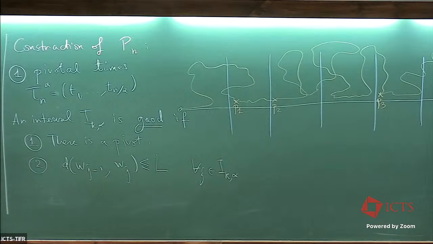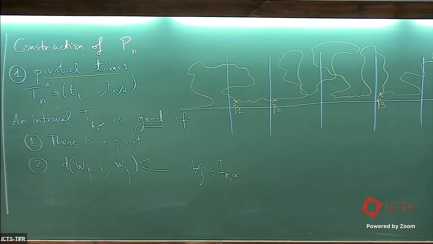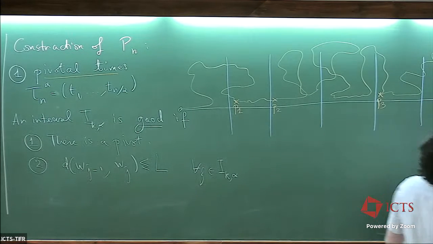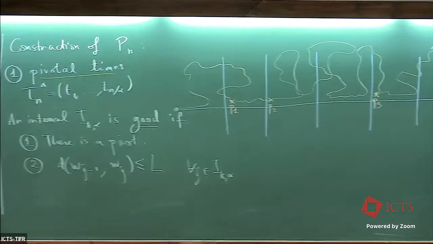Okay, so for pivotal times, we do this. And now the second information that we want to record is the so-called good distance. And so this is dn alpha L, and this is just the distance between consecutive pivots.